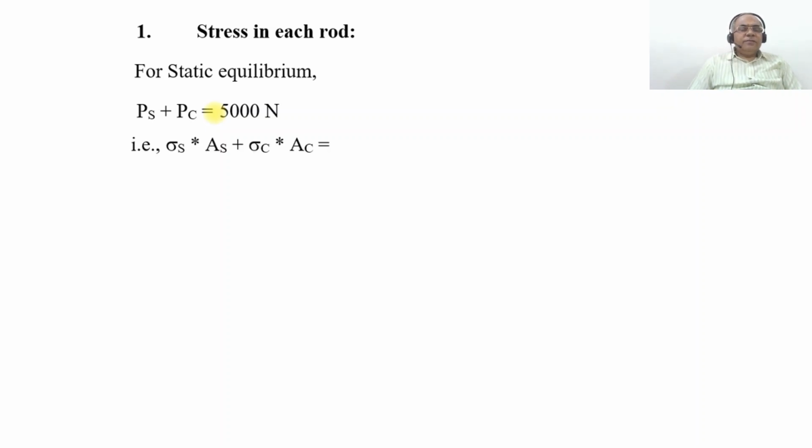So the expression is stress in steel into area of cross-section of the steel rod, plus stress in the copper rod into area of the copper rod, equal to 5000 Newton.